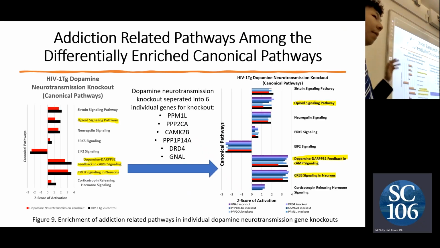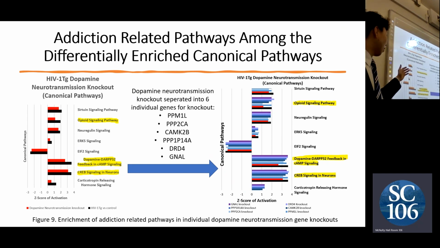Of those 108 pathways shown before, there are 8 pathways that are specifically related to addiction: serotonin signaling pathway, opioid signaling pathway, neuregulin signaling, ERK5 signaling, EIF2 signaling, dopamine DARPP-32 feedback in cAMP signaling, CREB signaling in neurons, and corticotropin releasing hormone signaling.